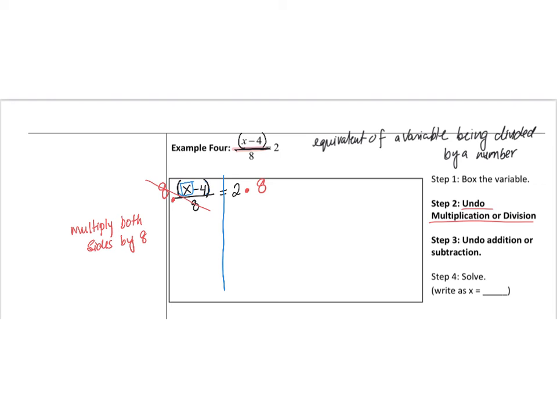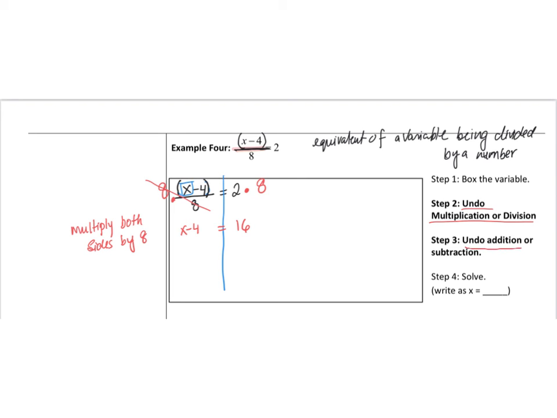And now I'm left with x minus 4 equals 16. And now I can go ahead and drop off those parentheses. Let me see if I can find an eraser. Yep, that'll do it. There we go. And now I'm down to x minus 4 equals 16.